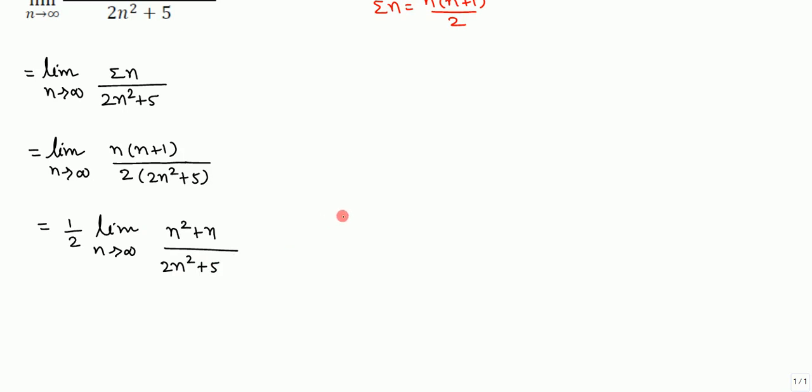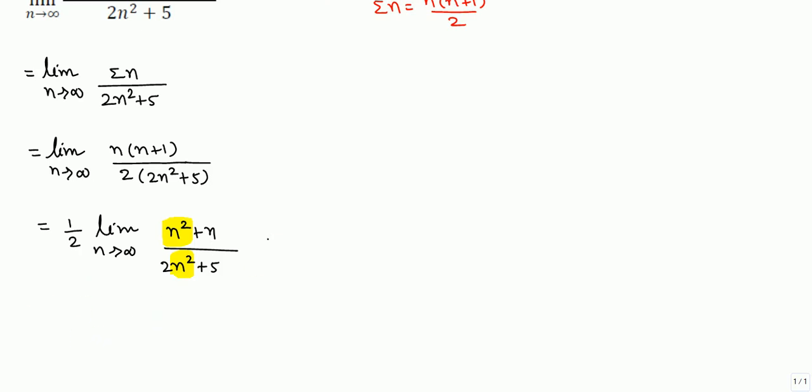Now see which is highest term in numerator and denominator both. You have to pick highest term only. Which is highest term? See, n square, and here also n square is highest term. So dividing numerator and denominator by n square.